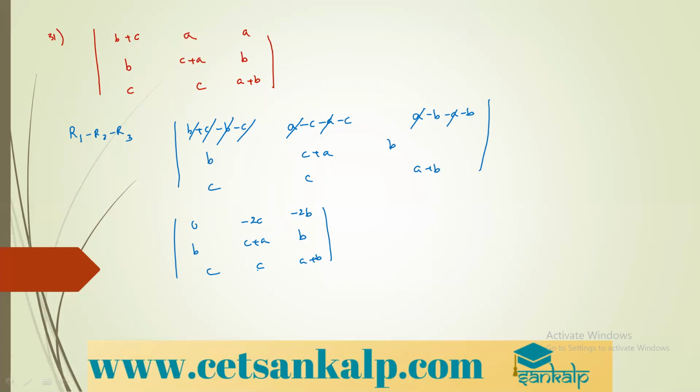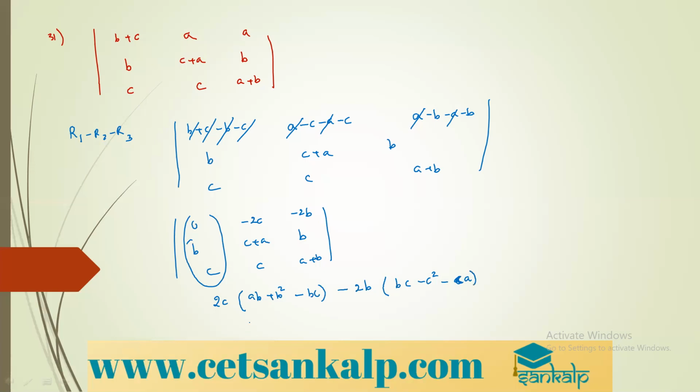Now, you can simplify it. You can expand this determinant with the help of the first column. Or you can take the first row also. Not only the first column, you can take the first row also. So 2C into (AB plus B square minus BC), then minus 2B into (BC minus C square minus CA).